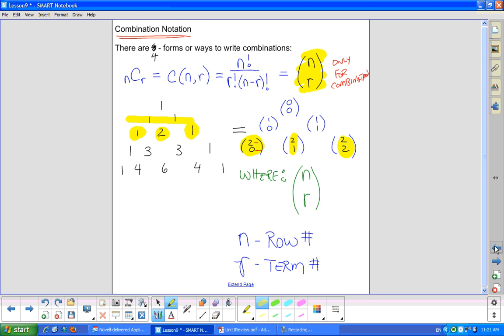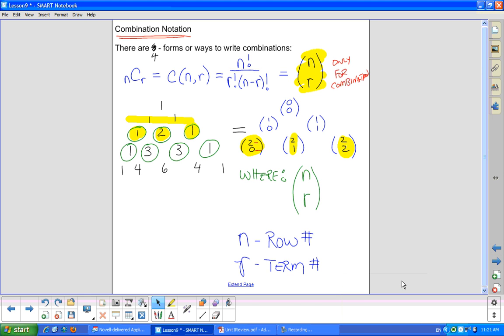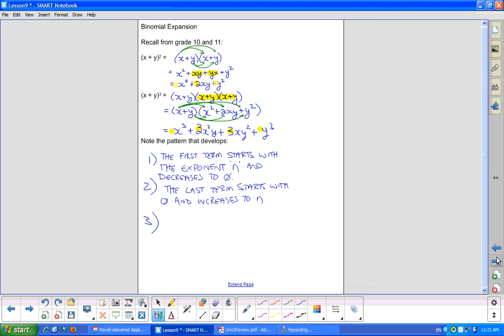If I go back to the previous slide with my Pascal's triangle, we see that we have a 1, 2, 1, 1, 3, 3, 1. So it ends up that the coefficients are from Pascal's triangle.